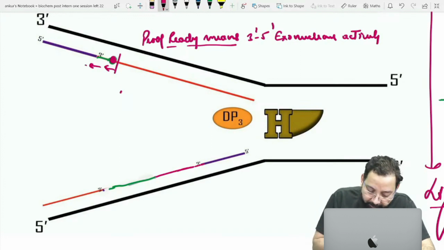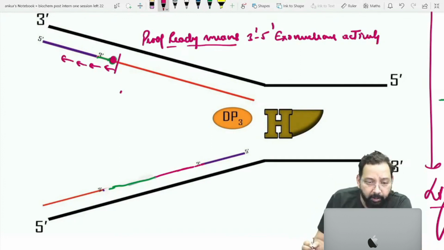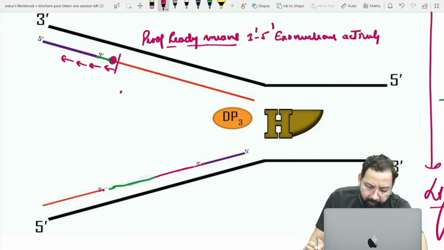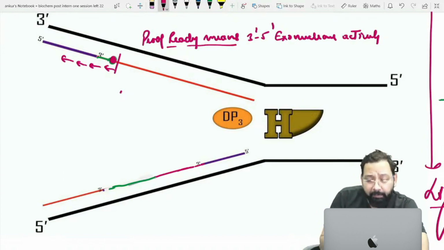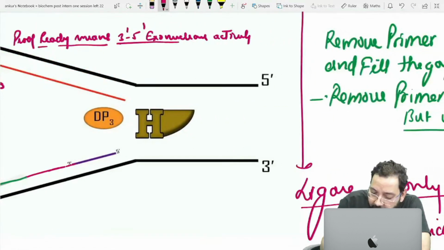Yes, 3 to 5 exonuclease activity. Okay, understood? 3 to 5 exonuclease activity means it will synthesize in this direction, and if it finds that after joining it is wrong, it will correct it by removing it from the 3 to 5 end. So proofreading means 3 to 5 exonuclease activity.